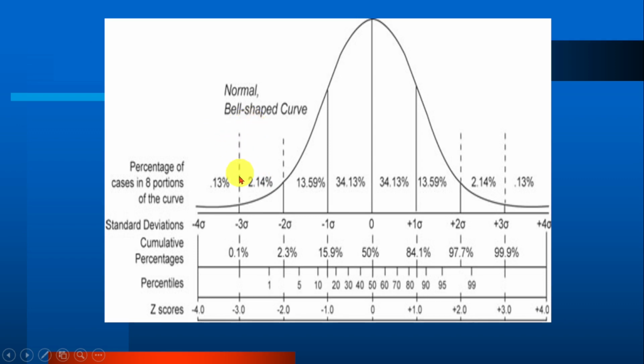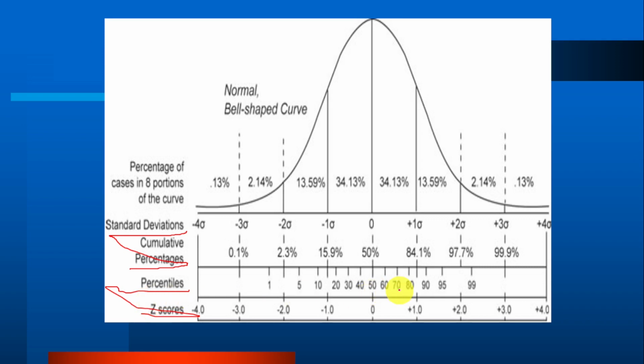Here, a normal bell-shaped curve has been shown in this figure, with the percentage of cases under portions of the curve. This is the zero score. Next are percentile, cumulative percentage, and standard deviation. Here you can see 0, plus 1, plus 2, plus 3, plus 4, minus 1, minus 2, minus 3, which is the Z score.